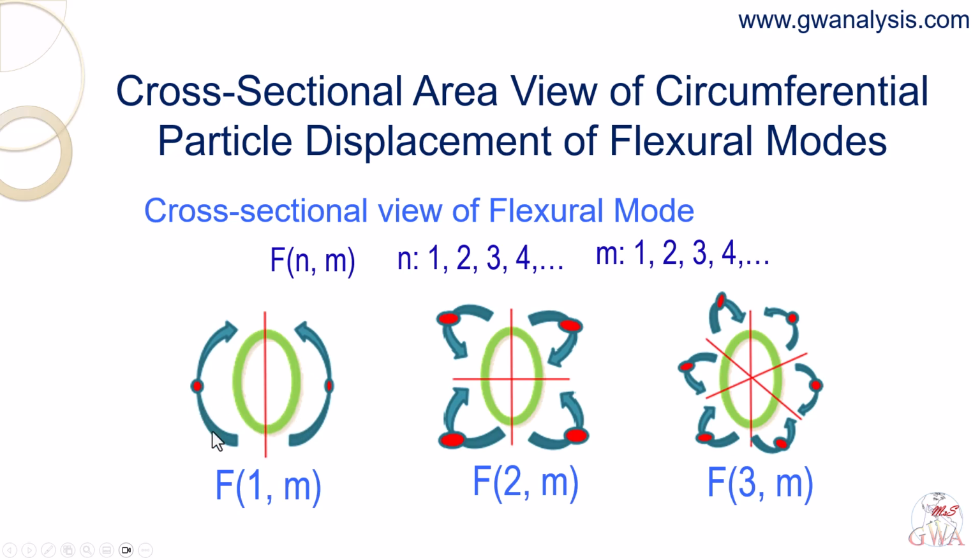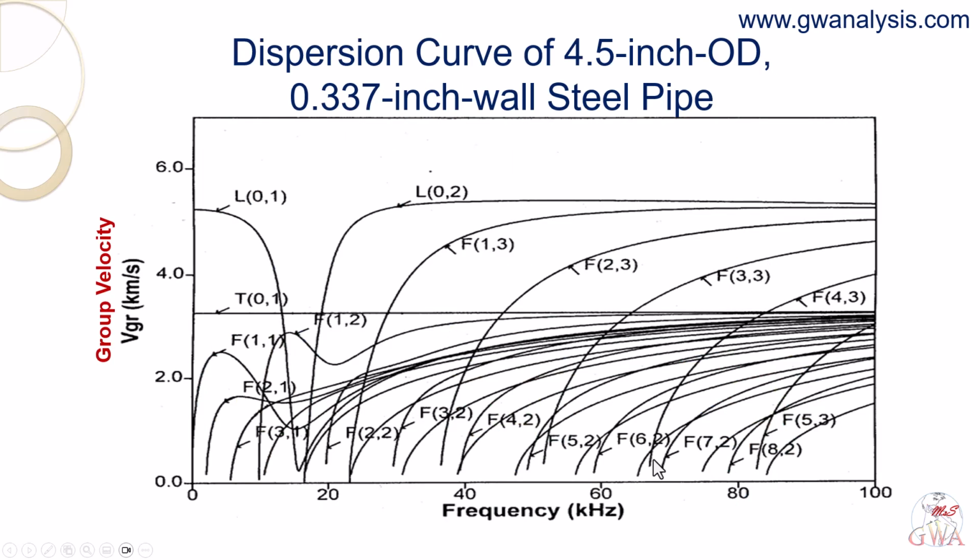This example shows F1M, which has one axis at the center, and the particle displacement is different at the opposite location. This schematic drawing explains why discrete probes along the pipe circumference generate flexural modes and have a long near-field length. The encircling probe has no near-field length because it is continuous along the pipe circumference.